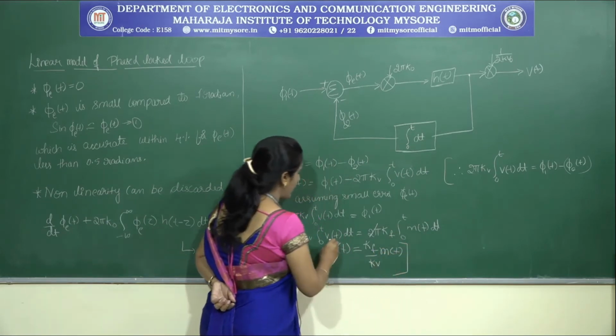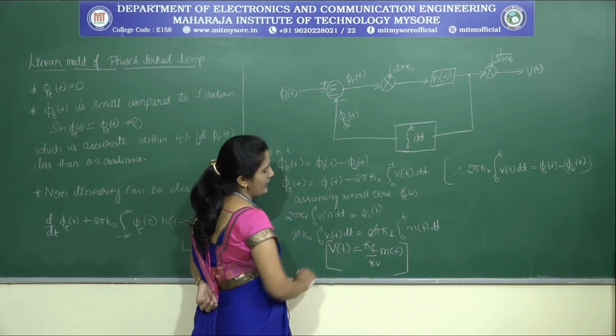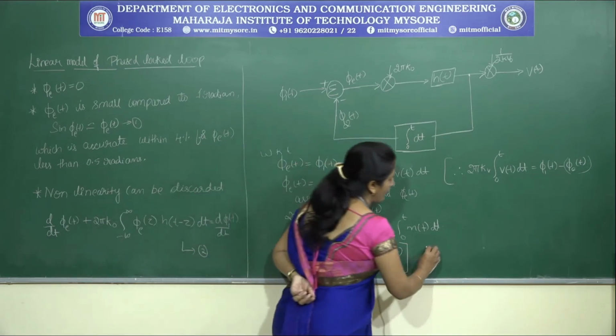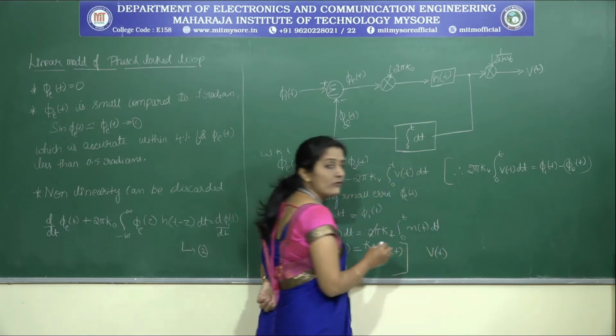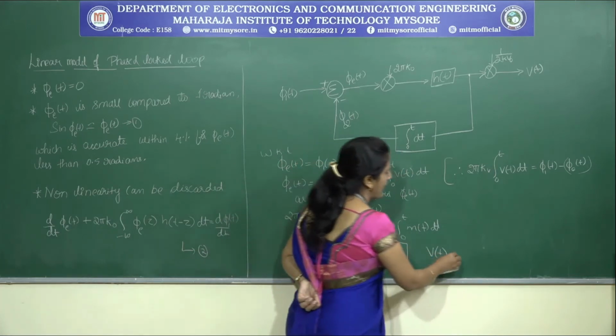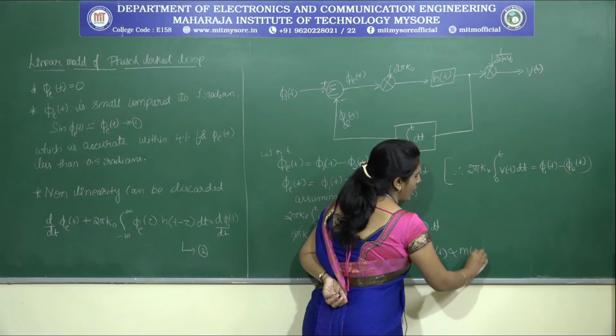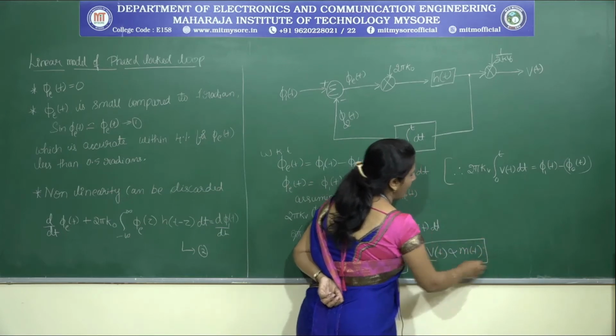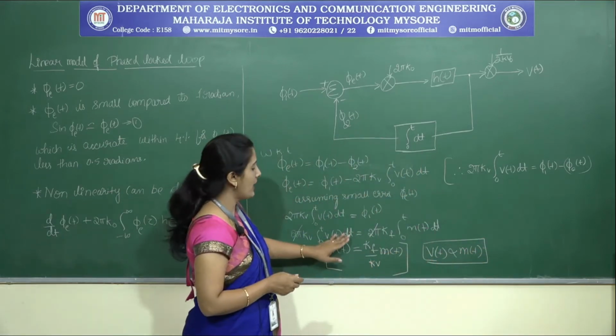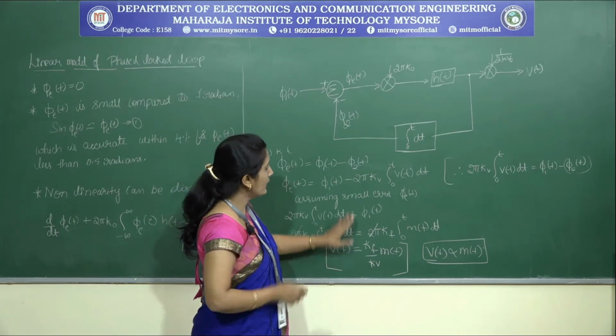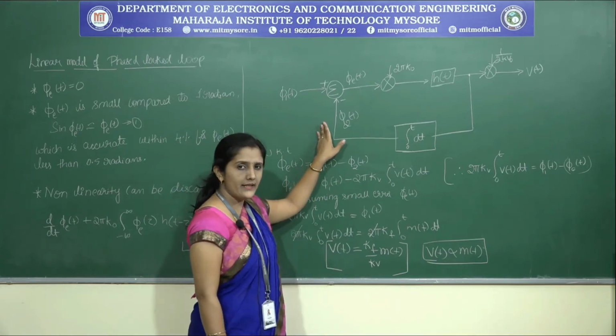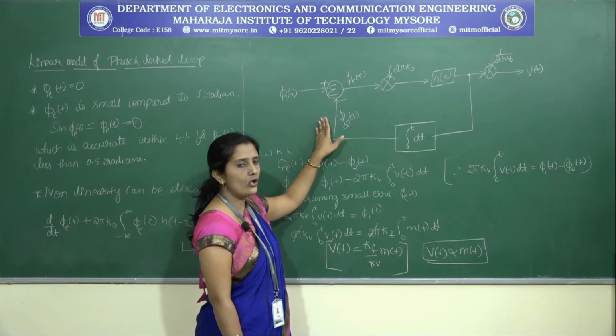From this equation we can see that v of t, the output of the phase lock loop, is directly proportional to m of t without any sinusoidal term. This model proves that this is the linear model of the phase lock loop.